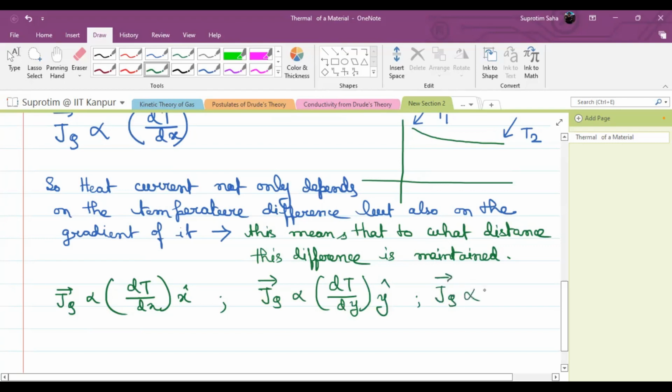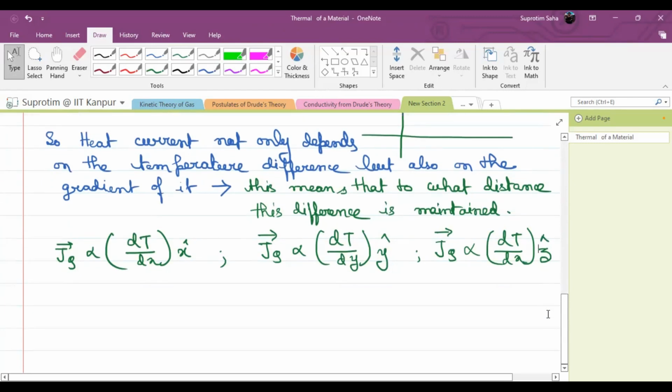Similarly for the z cap direction. Fine. So combining this in all the three directions, this can be written as JQ equals some proportionality constant kappa times dT over dx, just addition of all the components.